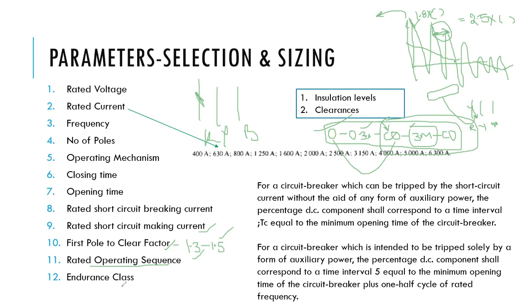And come to the endurance class. This we already discussed for the isolator. Same, we have a mechanical operation and an electrical operation. In the mechanical operation, we have classes M1, M2, M3. M1 allows 1,000 operations, M2 5,000, and M3 10,000 mechanical operations on that breaker.